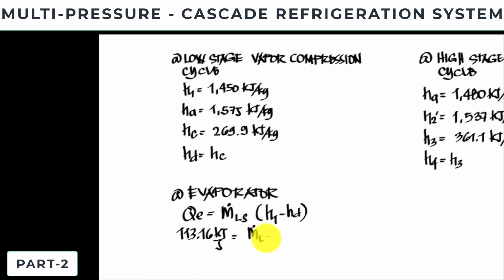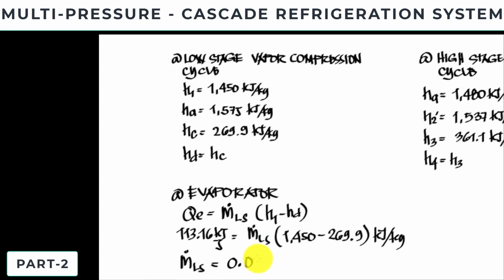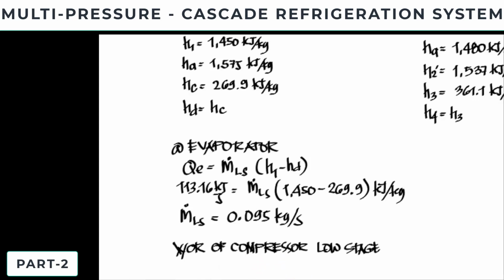We have the mass flow rate at the low stage, multiplied by the enthalpy 1, which is 1,450, minus my enthalpy D, which is 269.9. So this is kilojoule per kilogram. So the mass flow rate at the low stage is equal to 0.095 kilogram per second.